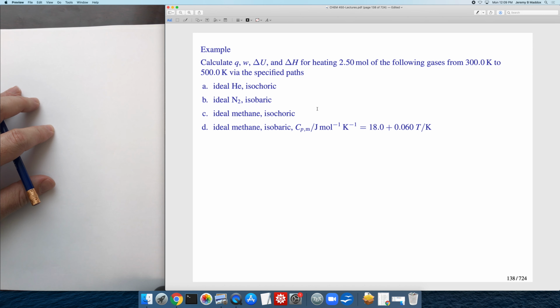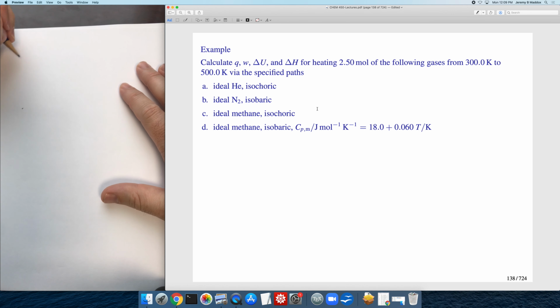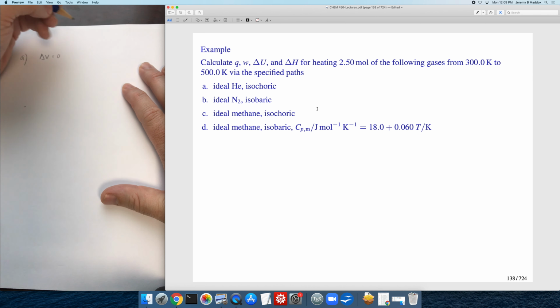So delta U and delta H are not 0 in this case. So for part A, we're considering an ideal monoatomic gas, and the process is isochoric. Well, when it's isochoric, that means that the change in the volume is 0. Therefore, the work is going to be 0.